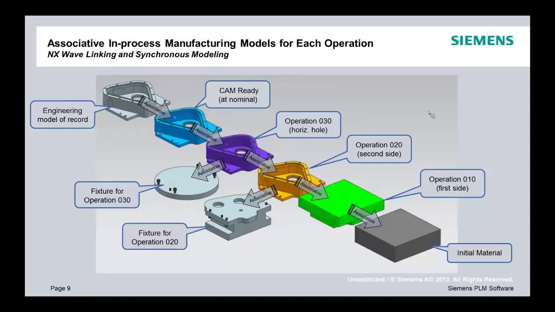So this represents all of the manufacturing steps, the manufacturing operations for this component. Each one of these steps then is its own model, its own in-process workpiece that can be documented, drawings can be made, etc. So this is the demonstration that Mike will take us through.